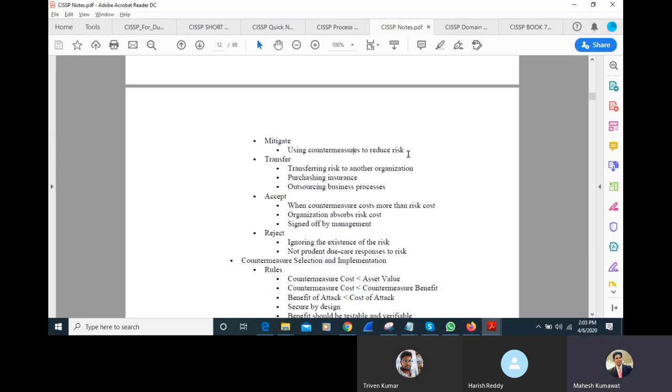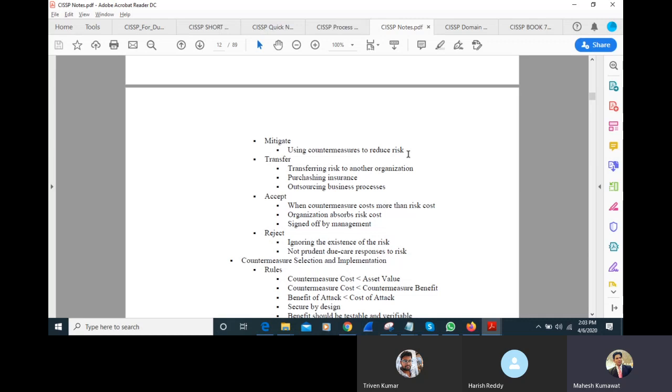Suppose you find a cloud security risk, then you can use a virtual firewall, enabled from the cloud end. You can go for Security Center on the Azure side and enable security incident event management. So we can countermeasure the risk.